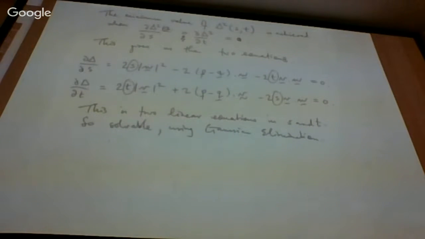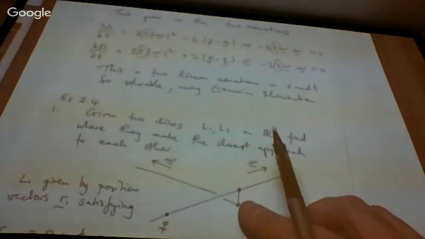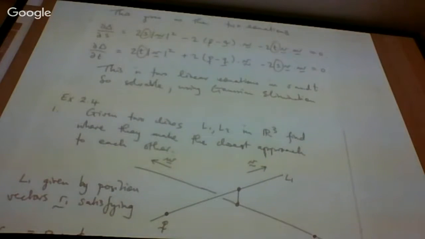So we can get out of that a value for s and a value for t, and that will locate the two points on the two lines that make the closest approach.